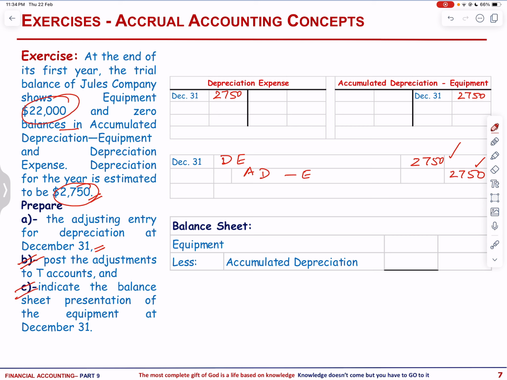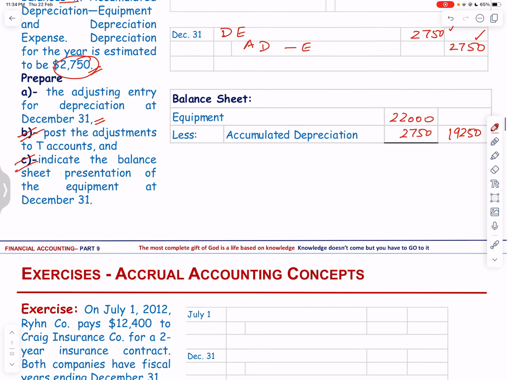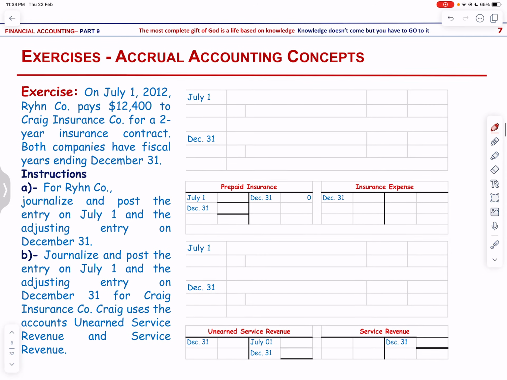So equipment is 22,000 and accumulated depreciation is 2,750. So that means that the book value of equipment is 19,250. Okay. Let us move on to the next exercise.